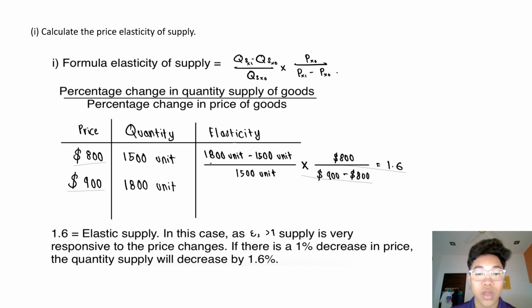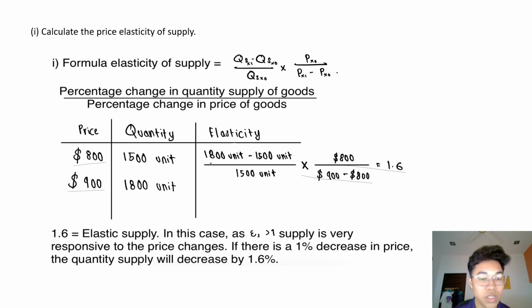So I have calculated the elasticity, which is 1,800 units minus 1,500 units divided by 1,500 units, times $800 divided by $900 minus $800. So we get this answer 1.6.